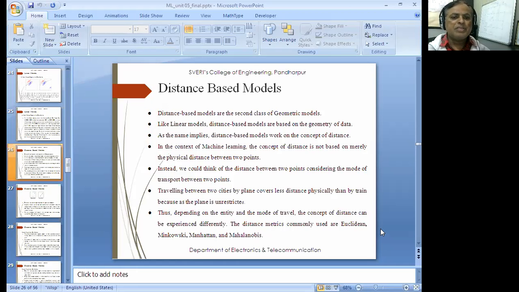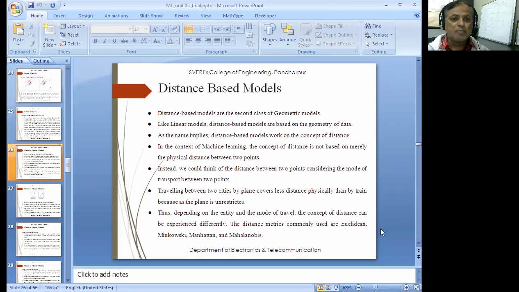In the context of machine learning, the concept of distance is not based merely on the physical distance between 2 points. Instead, we could think of a distance between 2 points considering the mode of transport between them. Traveling between two cities by plane covers less distance than by train because the plane is unrestricted.